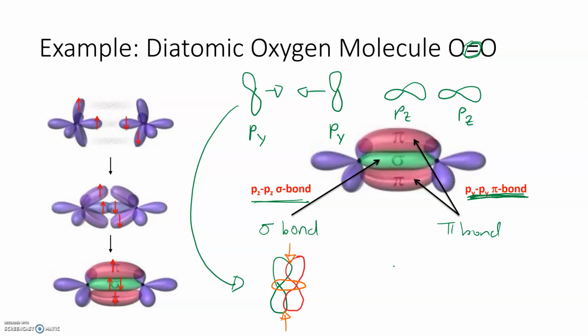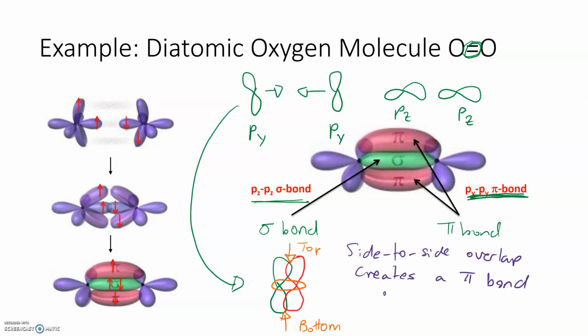And they overlap on the top and on the bottom. So essentially we can write here that a side-to-side overlap creates a pi bond.